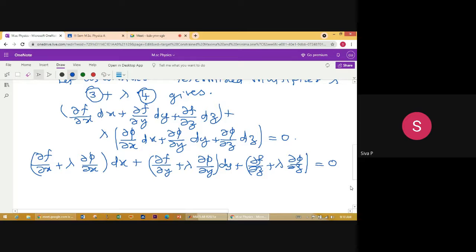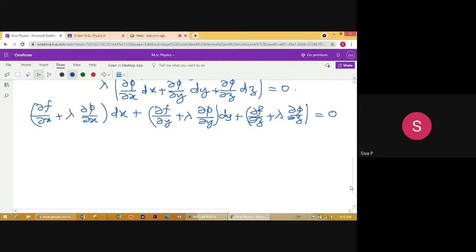All of them equal to 0 means these three things must be equal to 0. You take this as equation number 5.